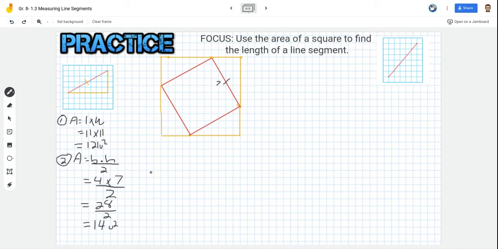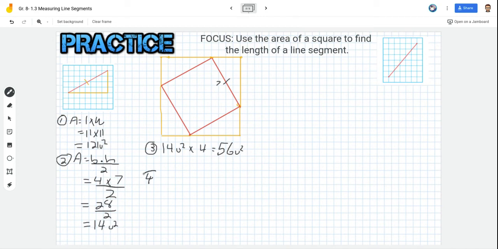Step number 3, I need to multiply the area of one triangle times 4. Why do I have to times that by 4? Because there are 4 triangles, which is 56 units squared.